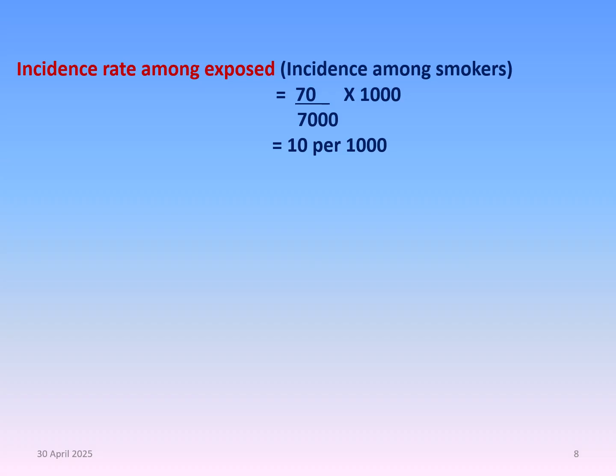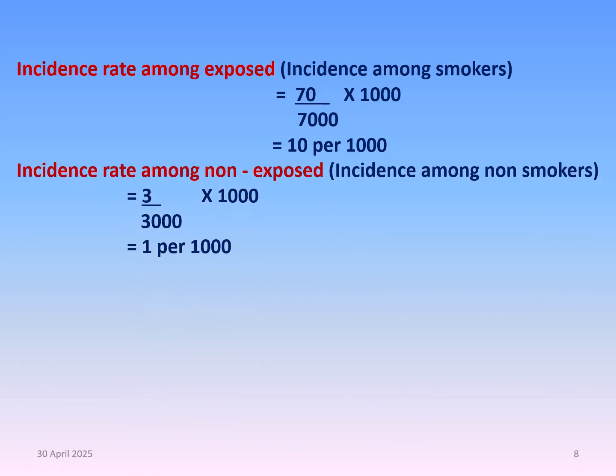Incidence rate among exposed group will be calculated as 70 out of 7,000, because out of 7,000 smokers, 70 people developed lung cancer, right? So 70 divided by 7,000 multiplied by 1,000. So incidence rate is calculated per 1,000 only. So 10 per 1,000 is the incidence rate of lung cancer among smokers.